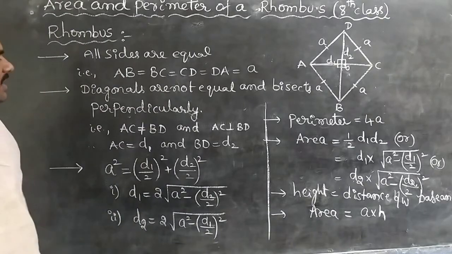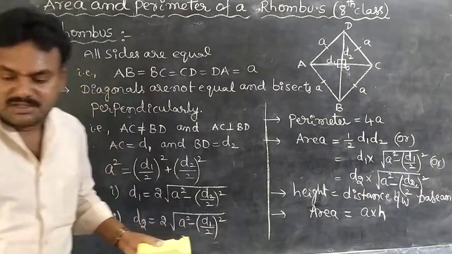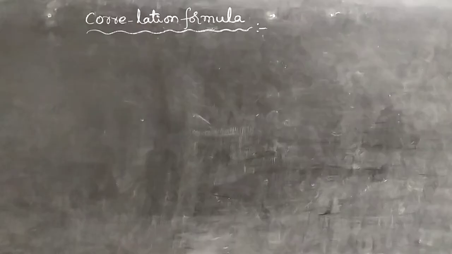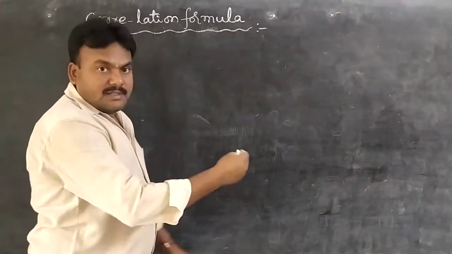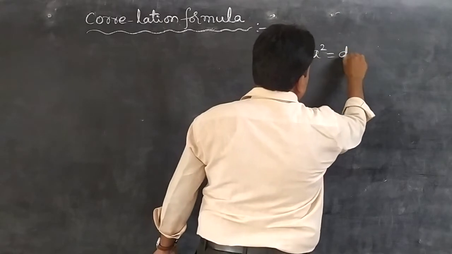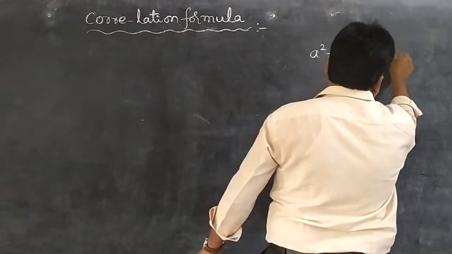Next one, correlation formula. Observe carefully. Before that, A square equals (D1 by 2) whole square plus (D2 by 2) whole square.